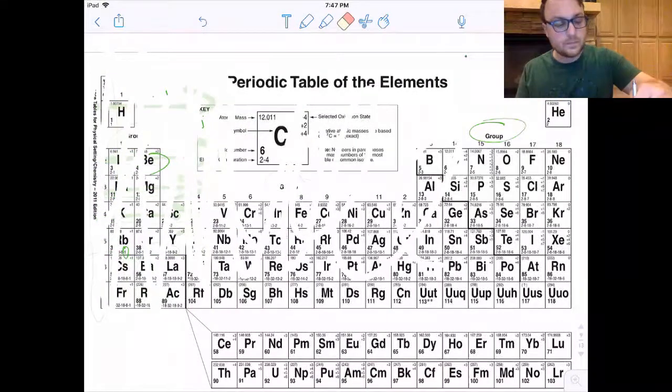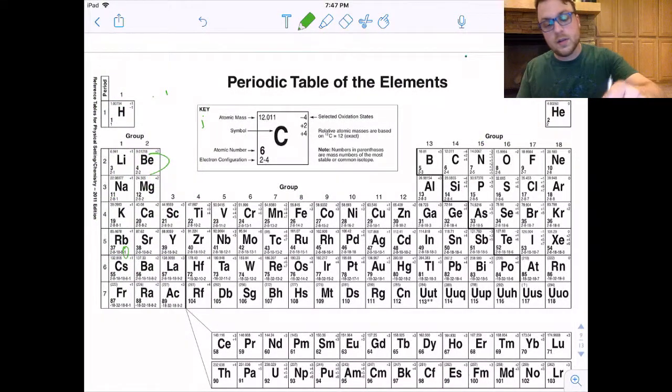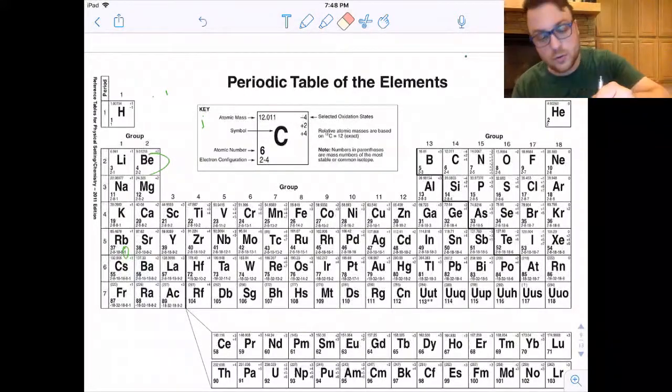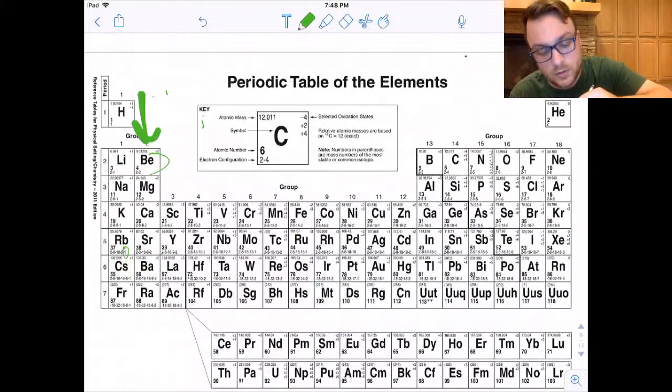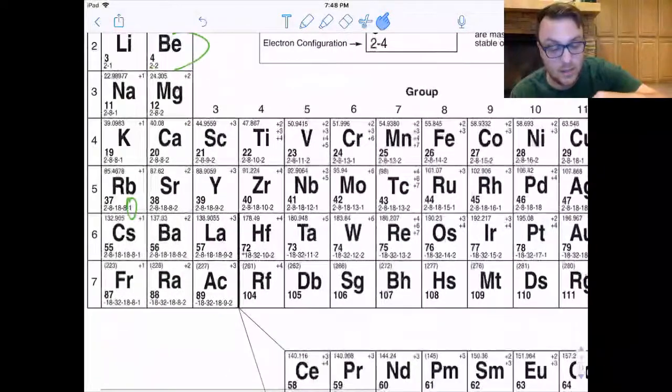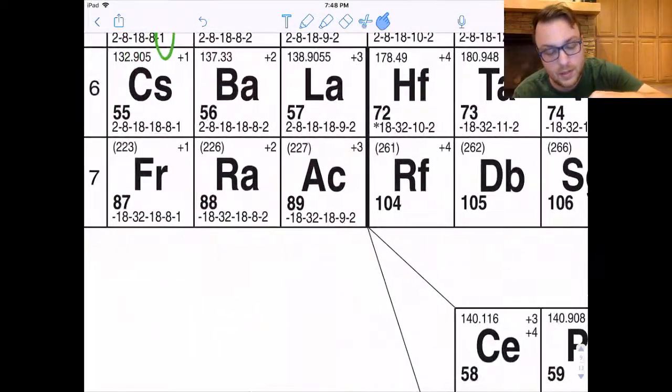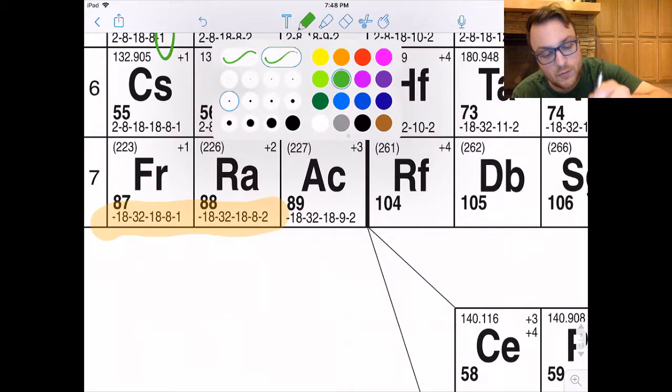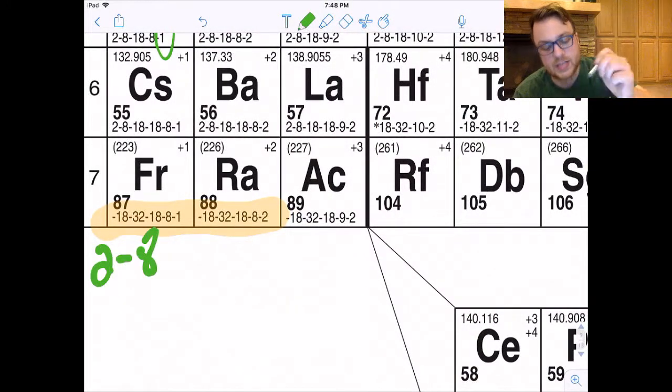Okay, what else? As you go down a group, your electron shells increase by 1 each time. And I like to keep that in mind because when you get down to the bottom, they kind of run out of space, like right here. The first 2 energy levels, you don't see that 2-8. So they run out of space, so they don't include the 2-8 for francium and radium.